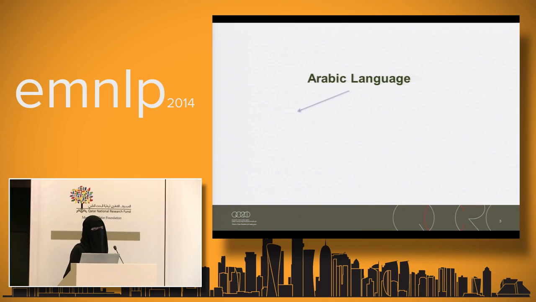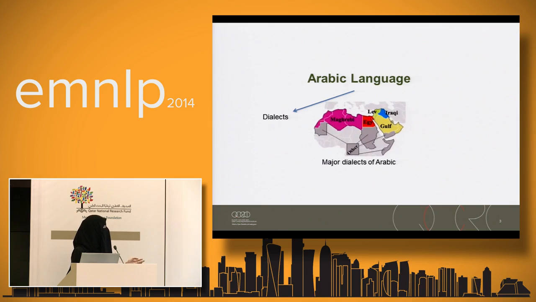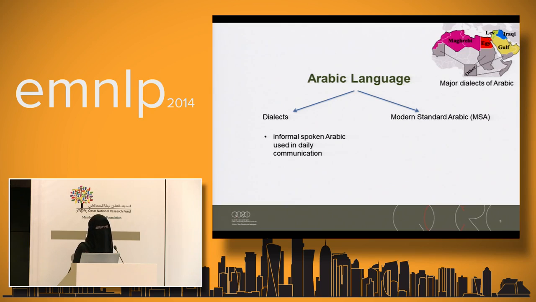We could say that Arabic can be divided into dialects, and here are some of the major dialects, which are mostly related to the countries they are spoken in. The second type is Modern Standard Arabic, which is common across the different countries. The main difference is that we use dialects in informal verbal communication, but Modern Standard Arabic is for formal settings, in writing and speeches.